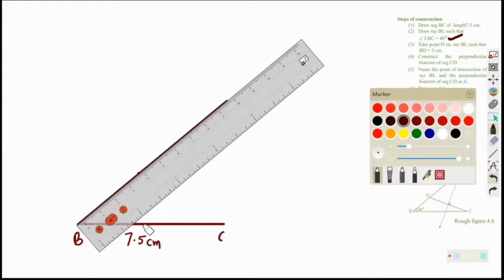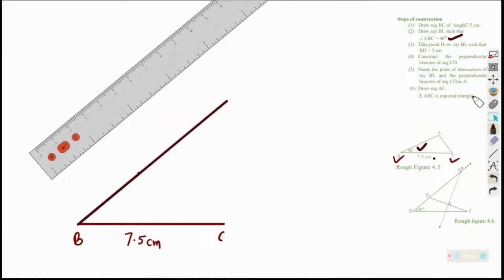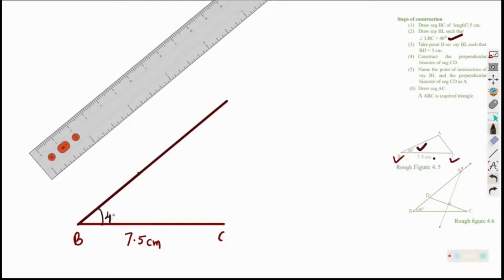Okay, so the 40 degree angle is constructed. Now we will be thinking about the other aspect. We need to measure a length of 3 centimeter on BD. Here it is 40 degree, and I am going to take the compass for the purpose of measuring 3 centimeter.